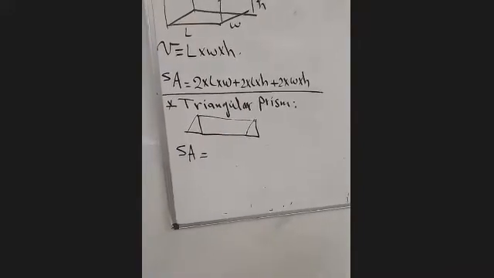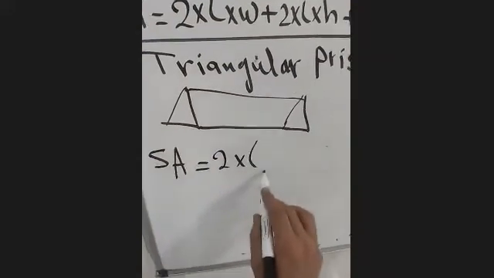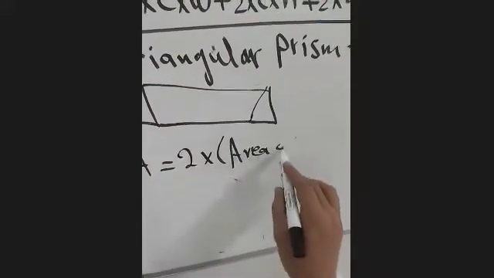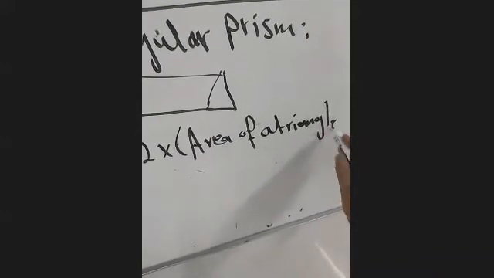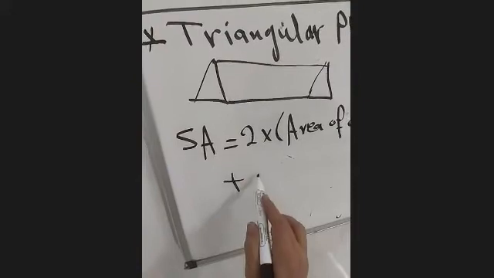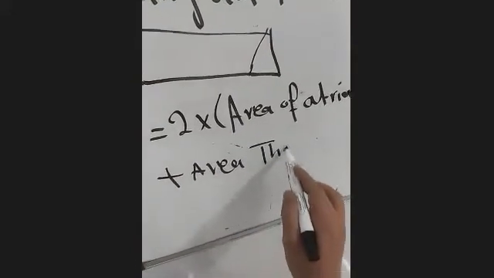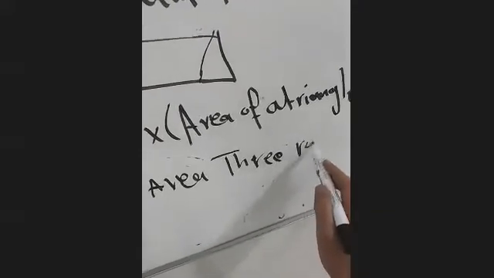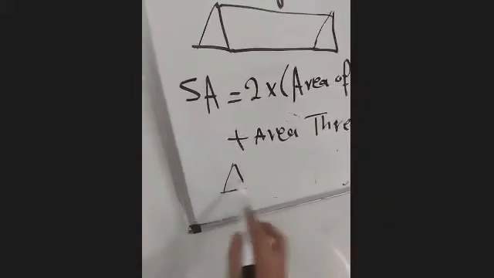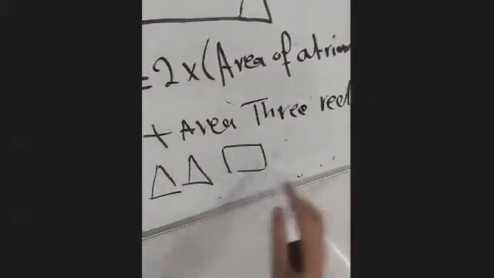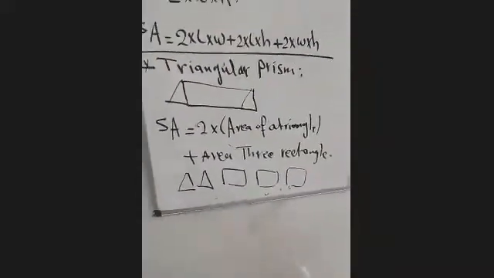The 2 triangles are congruent. So we say 2 multiply area of a triangle plus the area of 3 rectangles, remember? And the net was 2 triangles and 3 rectangles, mostly left, right, and bottom.